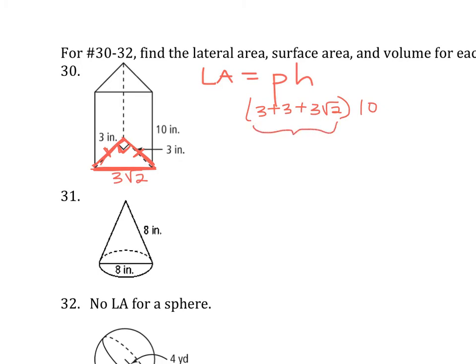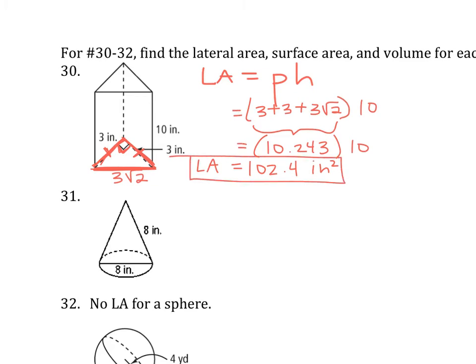So 3 plus 3 plus 3 rad 2 comes out to 10.243. Because we're multiplying, times 10, it comes out to 102.4 square inches. Okay, so that's your lateral area.